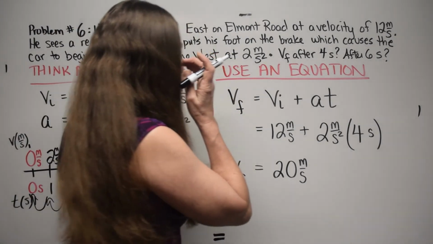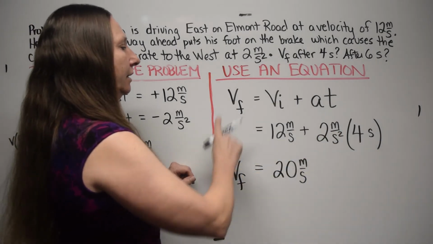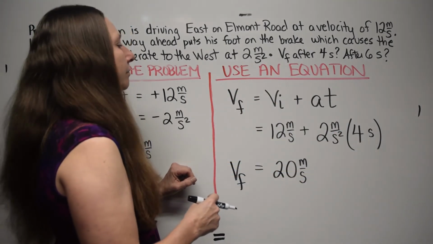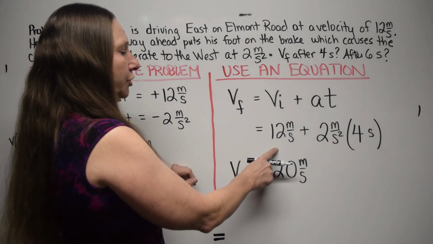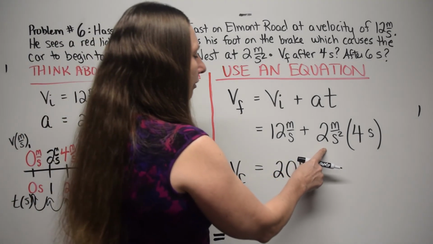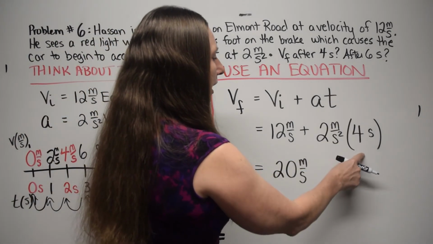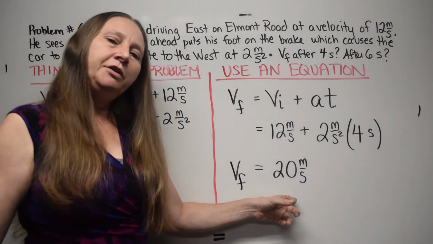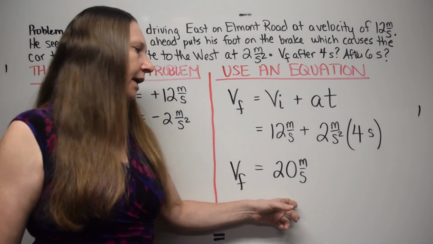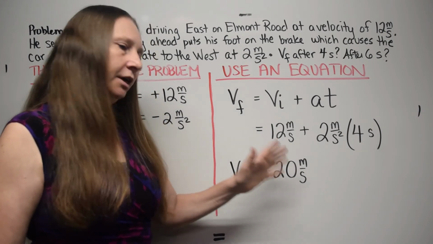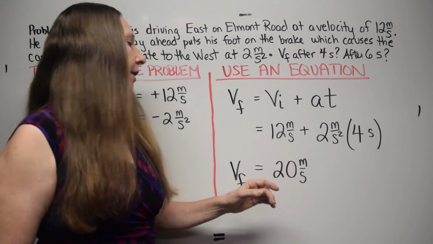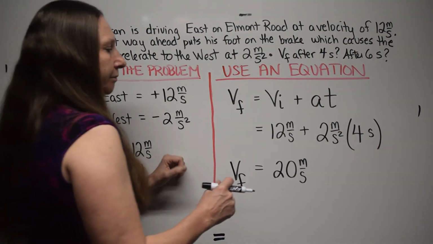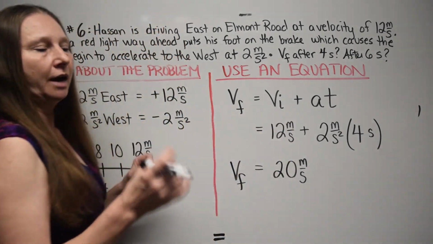Now, over here, let's look at the equation. Our initial velocity was 12 meters per second. Our acceleration is 2 meters per second squared. The time is 4 seconds. But look what happens. We're getting V final equals 20 meters per second. That's faster. Something is wrong. What's wrong is that you have to consider the directions.